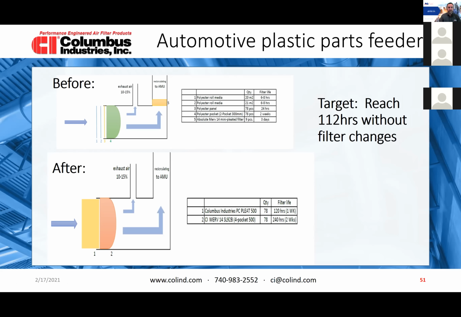They didn't try to go the 3 weeks because they didn't think they were going to get there. I think the pressure drop that we were seeing after the pocket was probably still feasible, but I could not confirm it to them 100%. So they decided at that point, and this is what we're working on right now, to take this to 3 weeks. That's what we're trying to do by the combination of the 2 filters, basically.